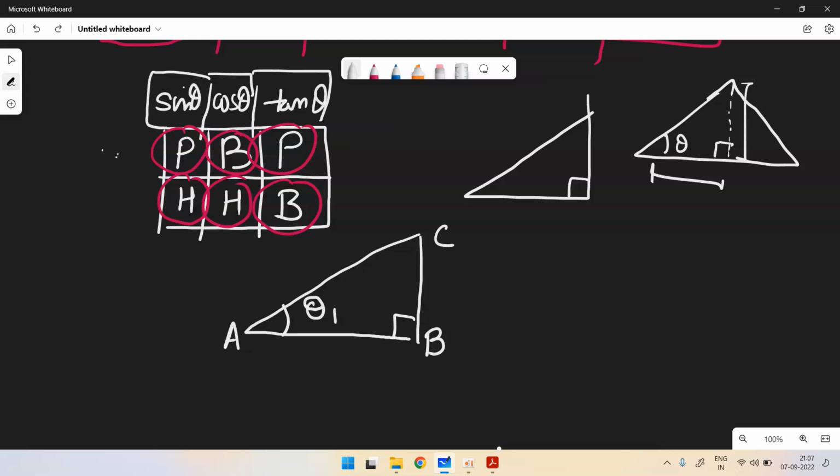I will take this angle as theta by default, so this other angle will be 90 minus theta. Why? Because one angle is 90 degrees, and the sum of the other two angles will also be 90 degrees, so 90 minus theta.